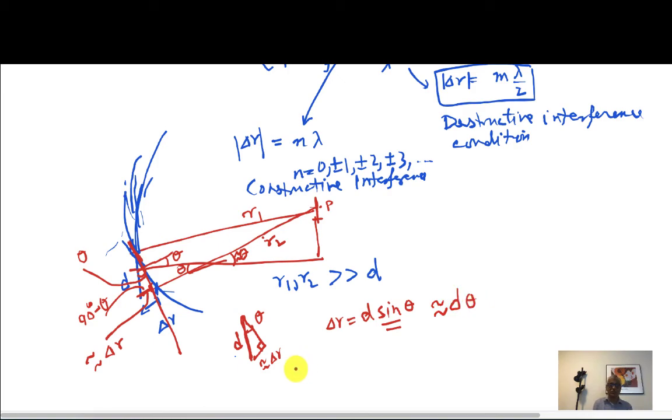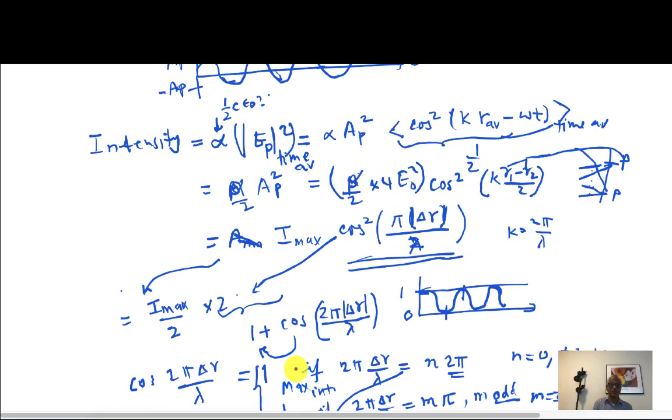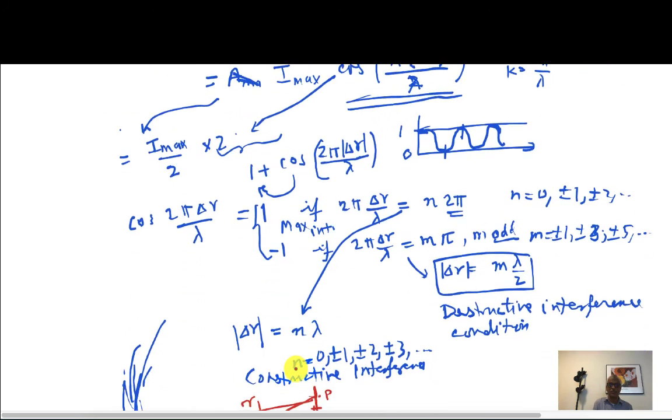So what we have over here, we can write these conditions by d theta, theta in radians. If you want to be more precise, you may want to say d sine theta.